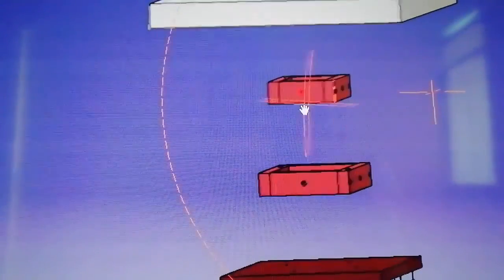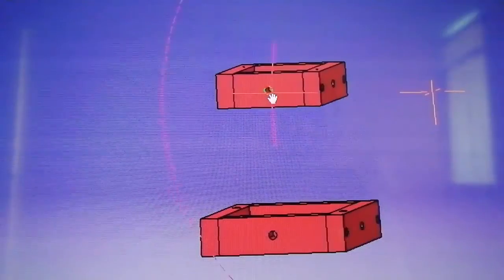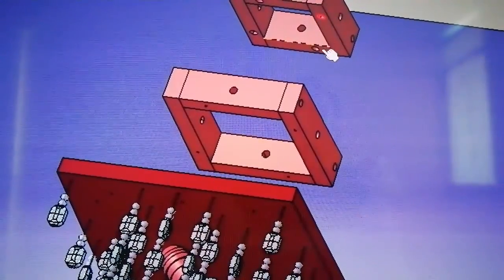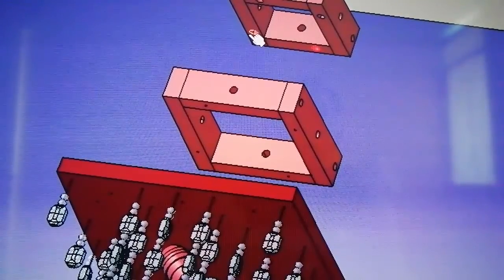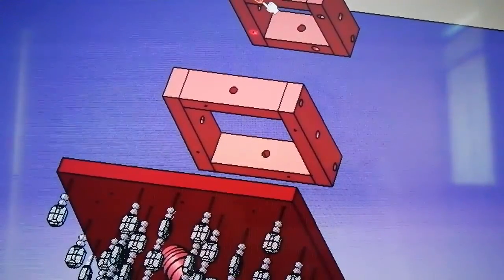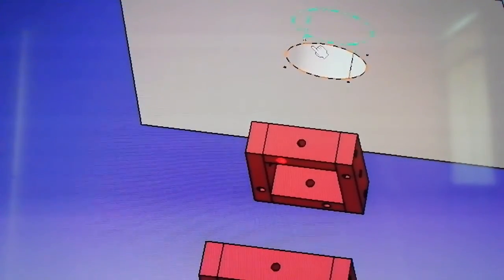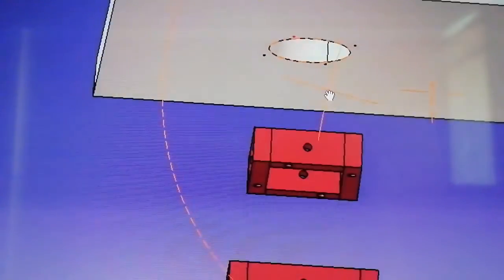What I did is I took this part and made these 4 holes, and they are just to pass some screws through, and it will be screwed to the ceiling through these holes.